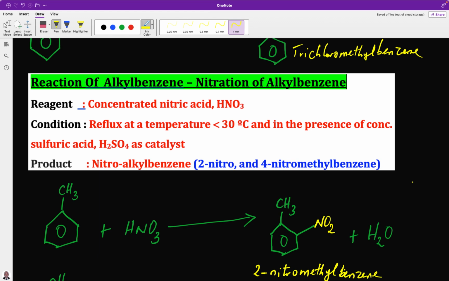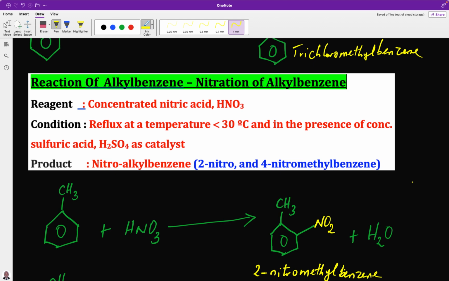The nitronium ion that gives the nitro group is produced by reacting concentrated nitric acid in the presence of sulfuric acid, which is a catalyst, at a temperature less than 30 degrees Celsius. All these are refluxed under this temperature condition.